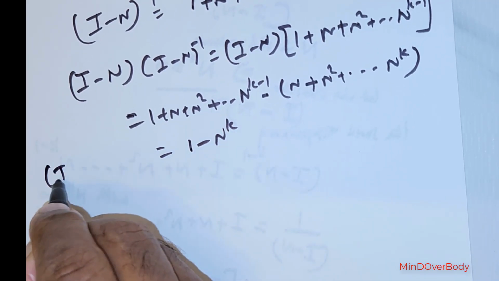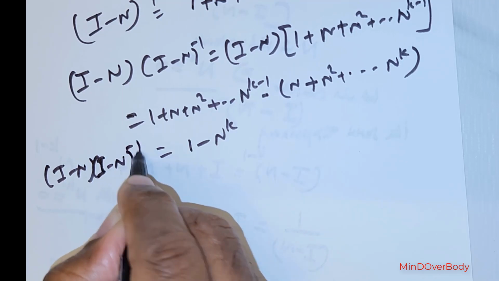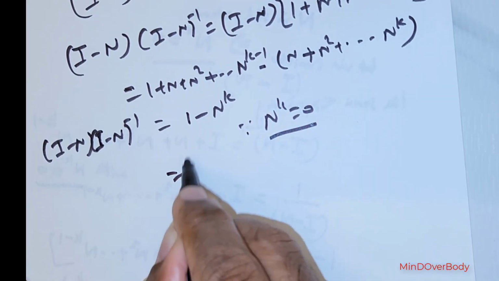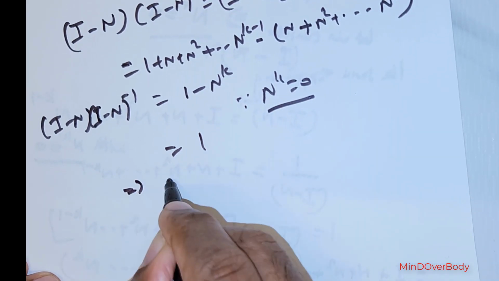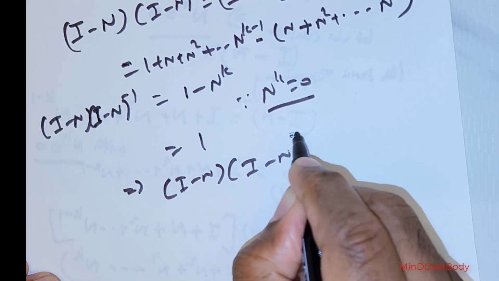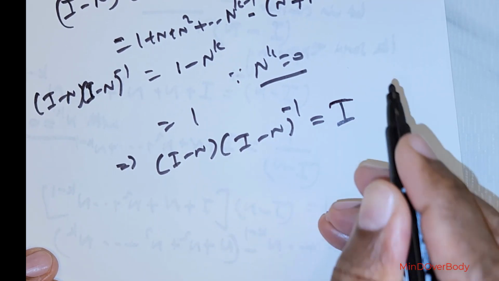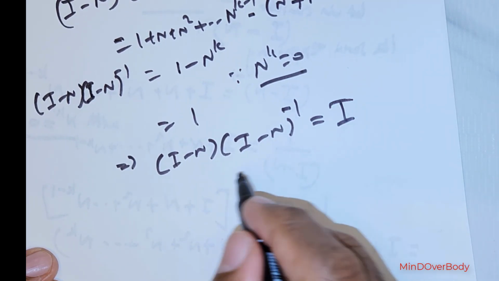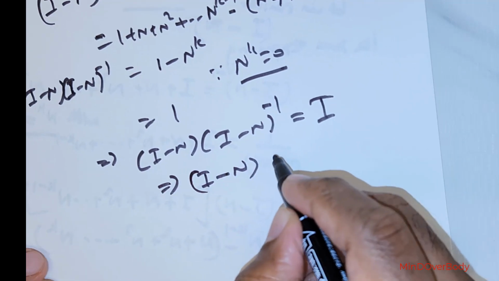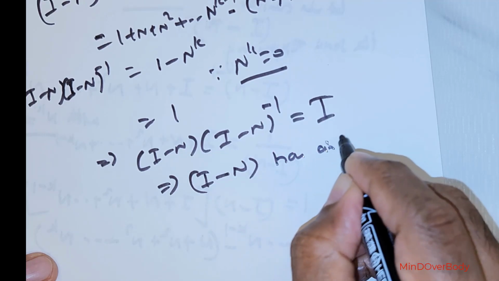On the left, what you got? (I − n) times (I − n)^-1. But n raised to the power of k is equal to 0. This means it is equal to I. So the meaning of this is (I − n) times (I − n)^-1 is equal to I. This is actually the identity, right? So this means I − n has an inverse.